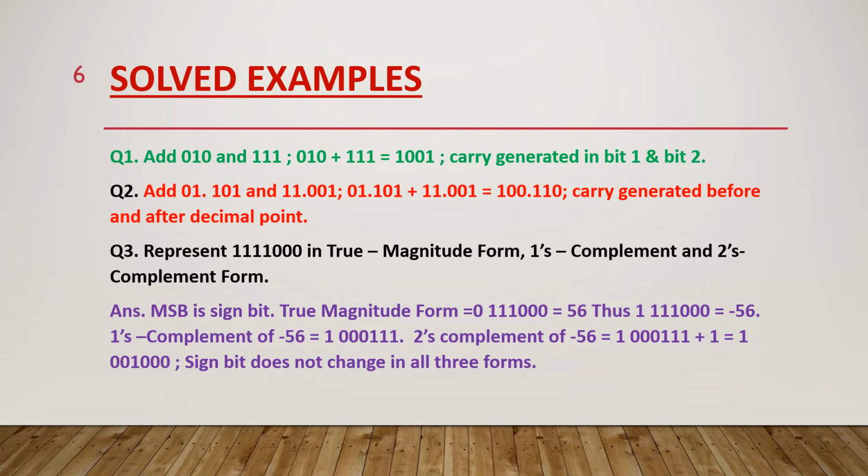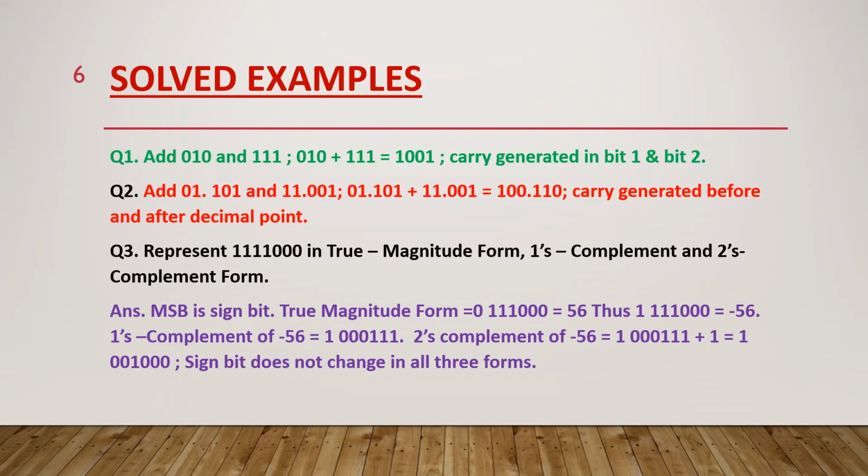I would not even have mentioned 0, but since it is positive and I am just mentioning it, that 0 is the sign bit. Thus minus 56 is 111000, and the sign bit changes from 0 to 1, as we have already seen, because this is a magnitude.